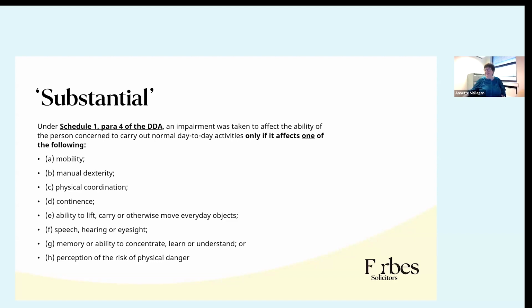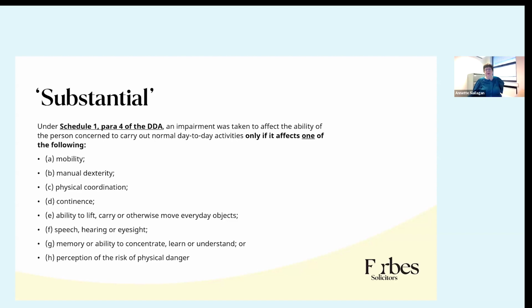Mobility, manual dexterity, physical coordination, continence, ability to lift or carry or otherwise move everyday objects, speech, hearing or eyesight, memory or ability to concentrate, learn or understand, perception of risk or physical danger. So it only has to affect one of those for it to affect the normal day-to-day activities.